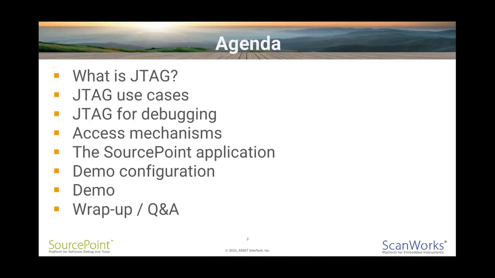We have a demo lined up, where we'll see some of the things that you can do with JTAG and with SourcePoint in terms of debugging firmware, UEFI, coreboot, building a type 1 hypervisor, and so on, with the actual application right in front of us. After the demo, we'll wrap up, and hopefully there'll be a bunch of questions that we can go through in a Q&A on the back end.